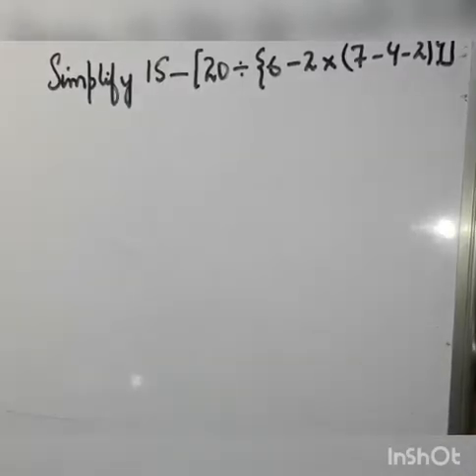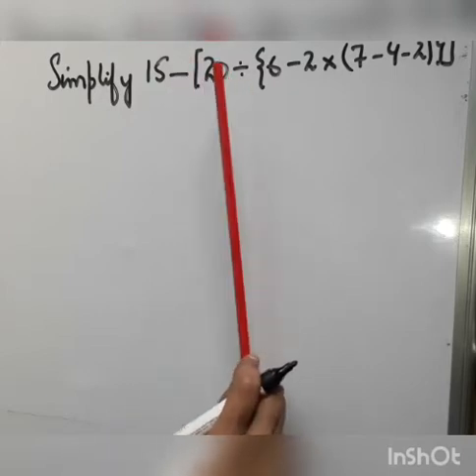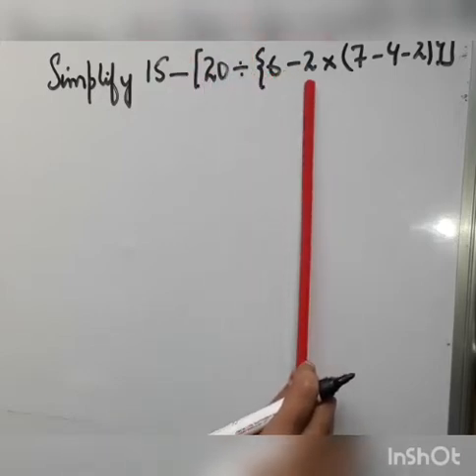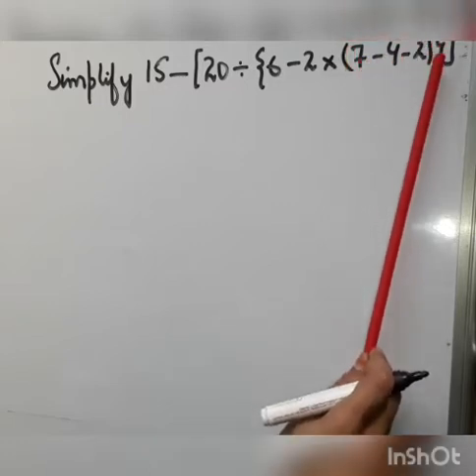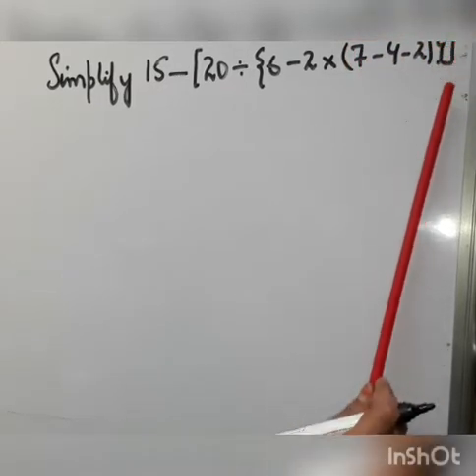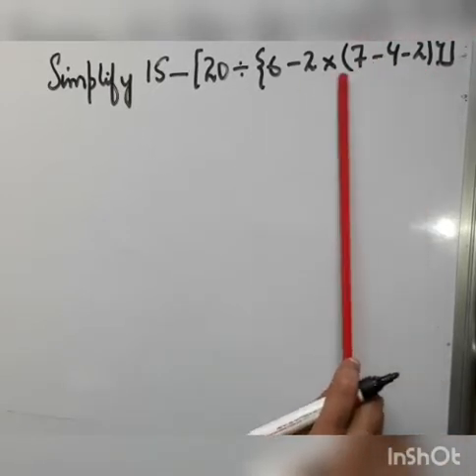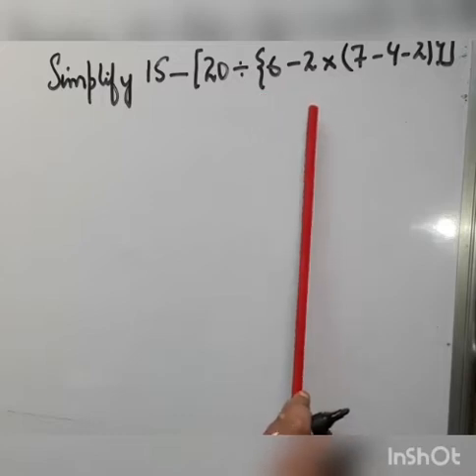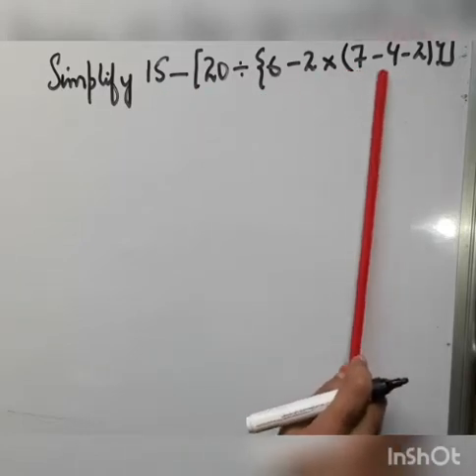Now students, the question is: simplify 15 minus, square brackets, 20 divided by, curly brackets, 6 minus 2 multiplied by, small brackets, 7 minus 4 minus 2, then small brackets close, curly brackets close, and square brackets close. As per V BODMAS, first we solve the vinculum. Here we don't have any vinculum, so first we'll solve the small brackets.